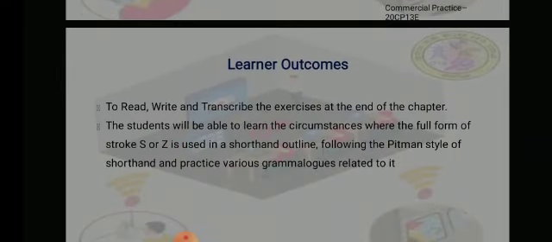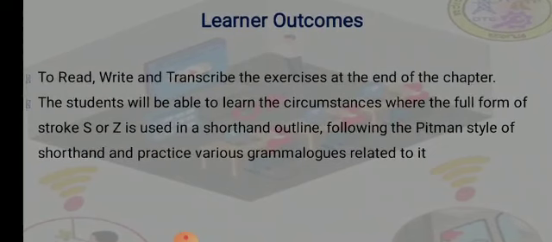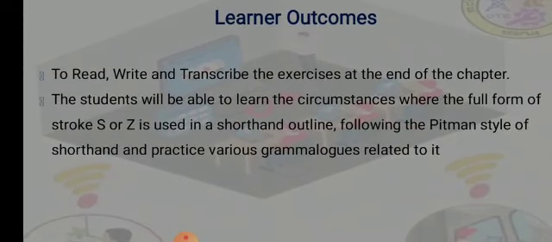What is the learning outcome of this particular chapter? At the end of the chapter, you will be able to read, write and transcribe all the exercises which are given at the end of the chapter, and the student should be able to learn the circumstances where the full form of S or Z is used in the shorthand outline following the Pitman style of shorthand.